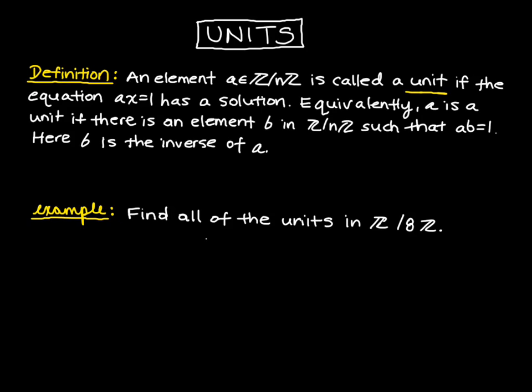Well, we're going to have to figure out if all of these equations have solutions. By abuse of notation, I'm going to use the same x every time. So we're going to have 0 times x equals 1, 1 times x equals 1, 2 times x equals 1, 3 times x equals 1, 4 times x equals 1.